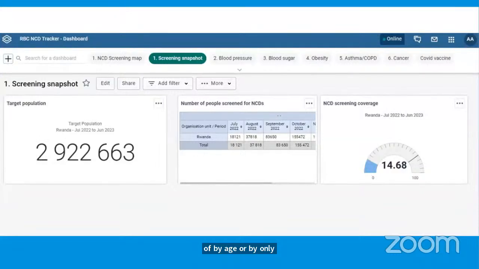This is another example of a dashboard to monitor community screening. As I said, more emphasis is now placed on prevention.